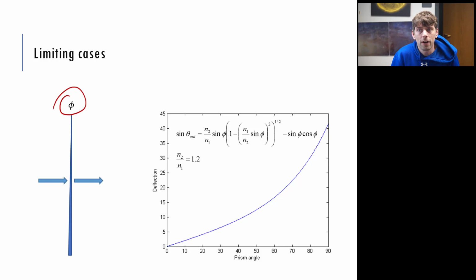That's what phi represents in this expression right here: how skinny have I made the triangular prism? We can see that for a very skinny prism, phi equal to 0, you get no refraction whatsoever. Then as you make that triangular prism fatter and fatter, you can get larger and larger deflection angles.